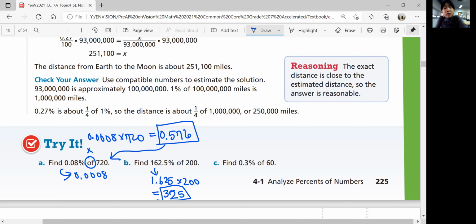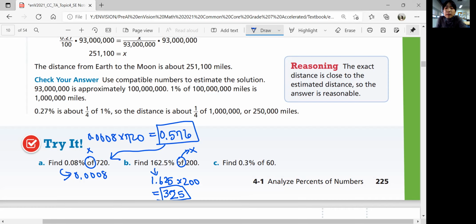I'm giving you shortcuts, but if you don't get it, you should draw a bar diagram, set up a proportion, and solve them. But if you know why this works, yes, this also works. If you change the percentage to decimal and multiply that by your number, that's your answer, because of means multiply.